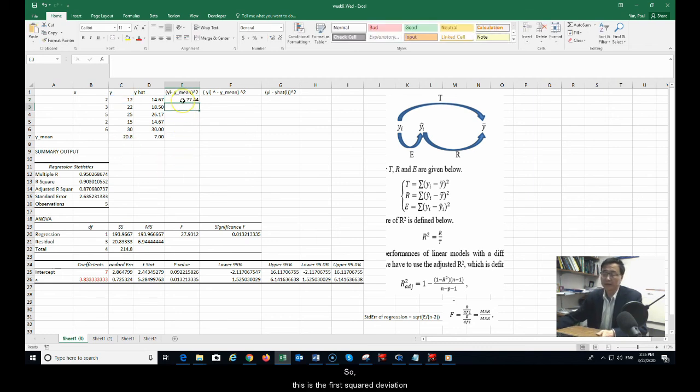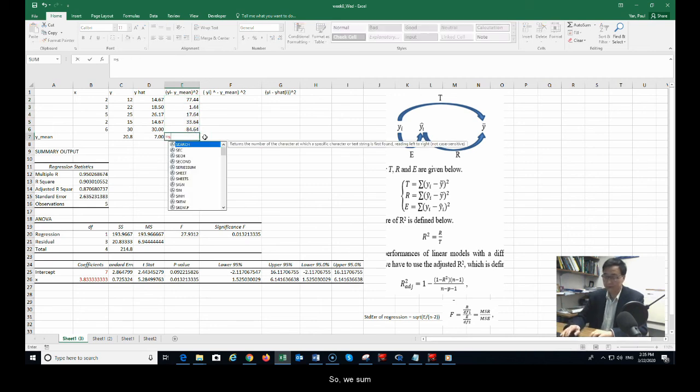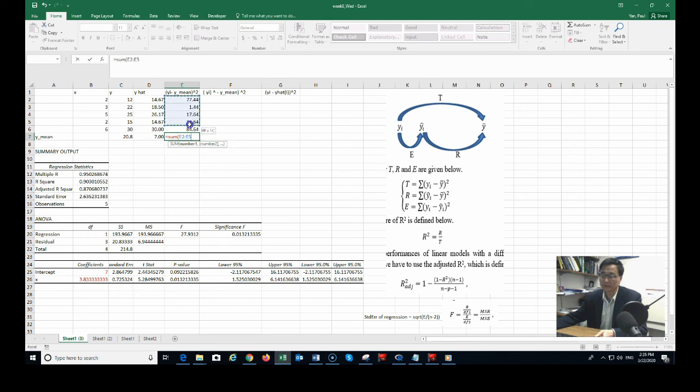So this is the first squared deviation, because we locked the mean already. So just copy and paste. So then we sum. So this is summation. So actually, this is our T. This is our T value.